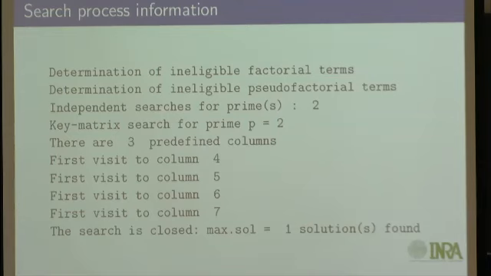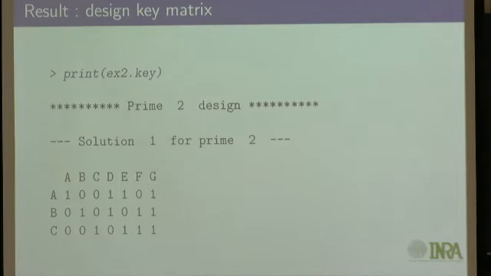Now, the first 3 columns are the same. We use them as basic factors, but the algorithm has to find 4 columns associated to the additional factors. So it tries to find the 4th column, then the 5th, and so on.